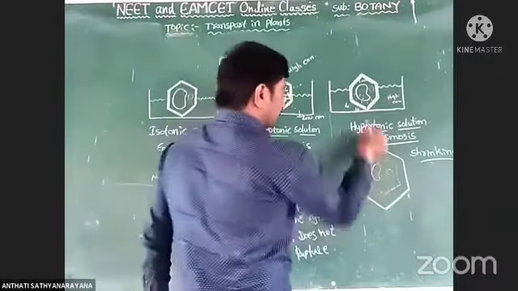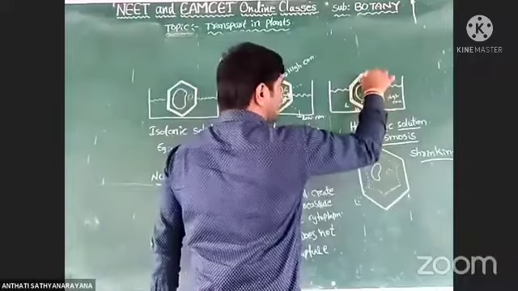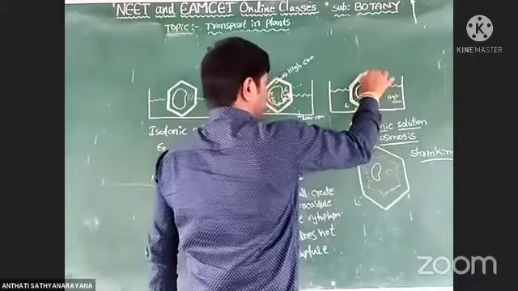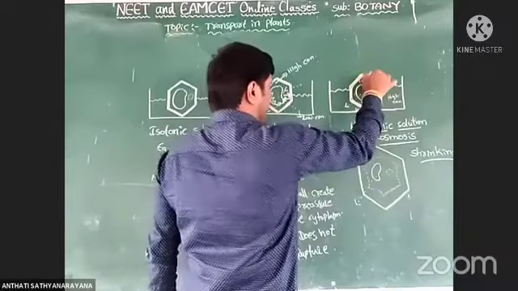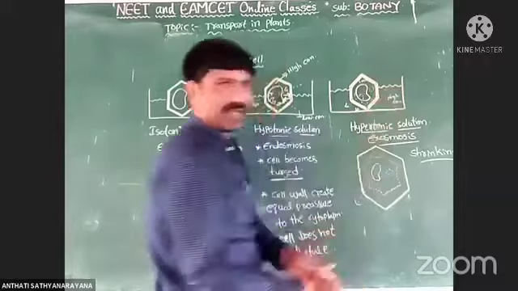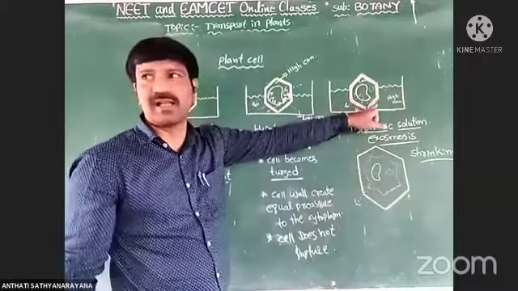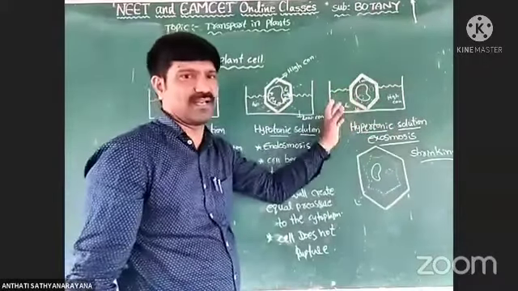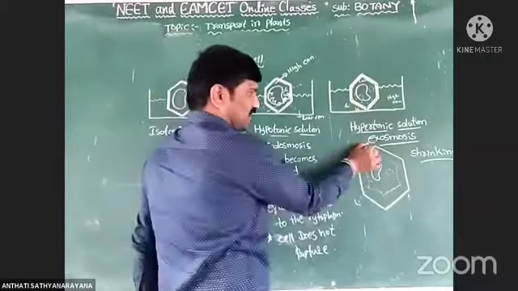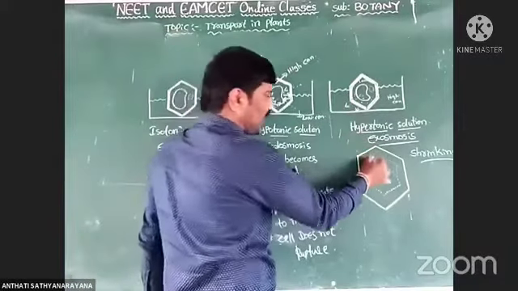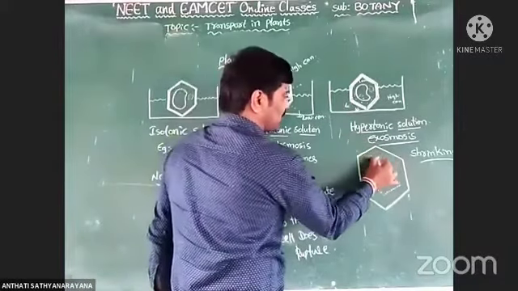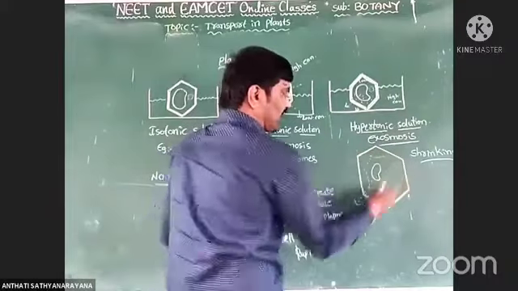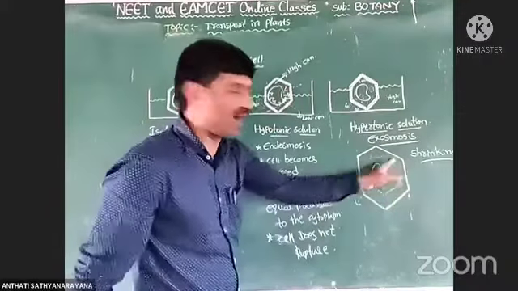In a normal cell, the protoplast or plasma membrane is attached with the cell wall. But when exosmosis takes place in the plant cell, the plasma membrane is detached from the cell wall.